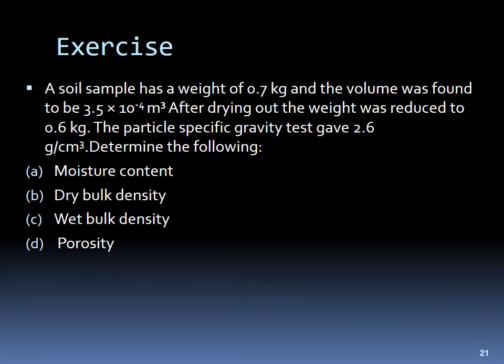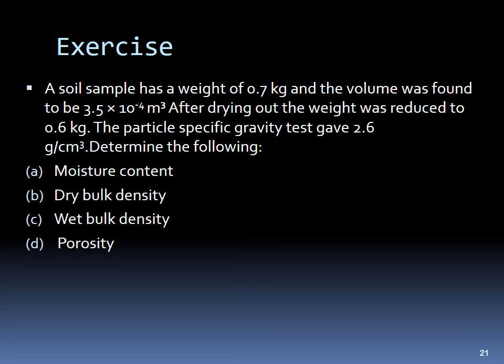Now the second exercise is also very interesting. In this exercise you have taken a soil sample, and this sample weighs 0.7 kilogram, and the volume is given this time, 3.5 times 10 to the minus 4 meter cube. Pay attention to the unit. And after drying, the mass of soil was reduced to 0.6 kilogram.